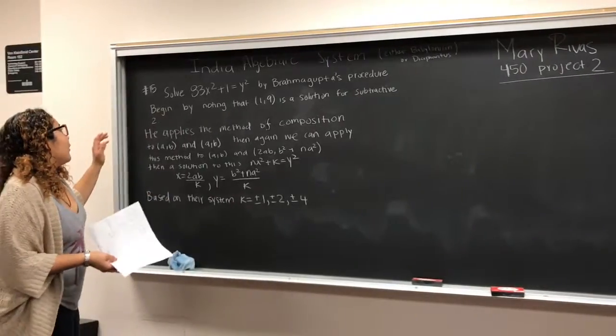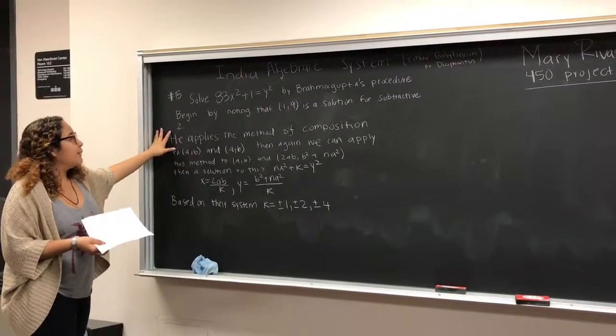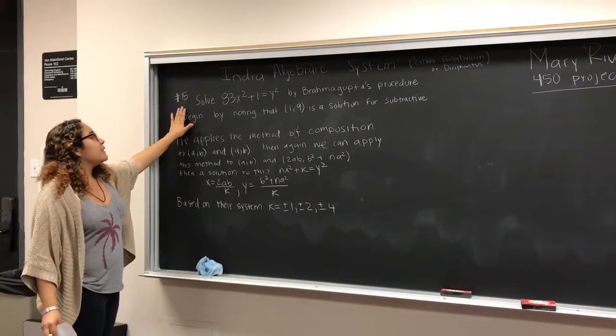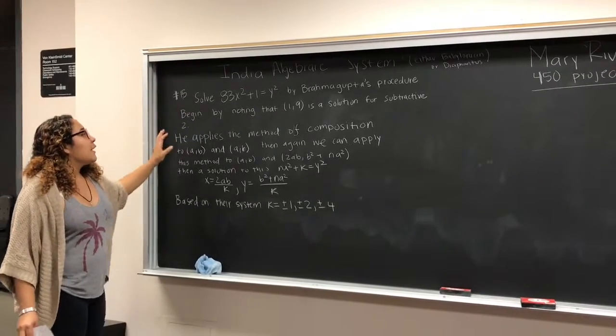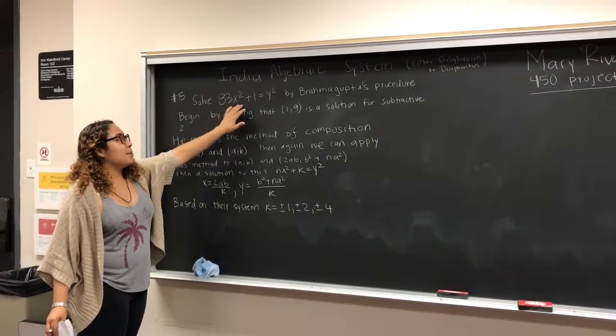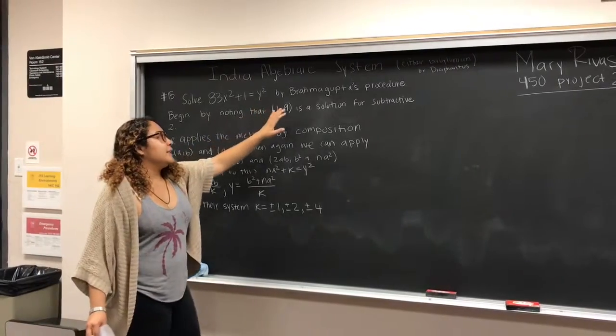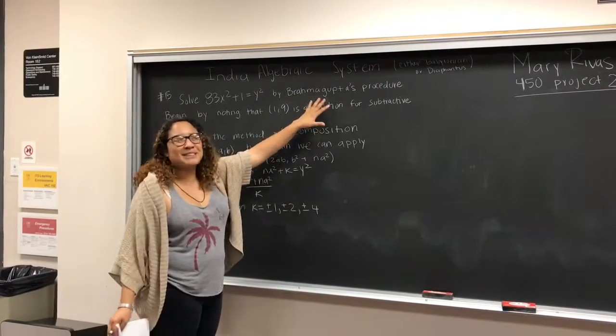So we're going to start off with the Indian algebraic system, and we're going to do number 15 from the book, chapter 6. We're just going to solve 83x squared plus 1 equals y squared using Brahmagupta's procedure.